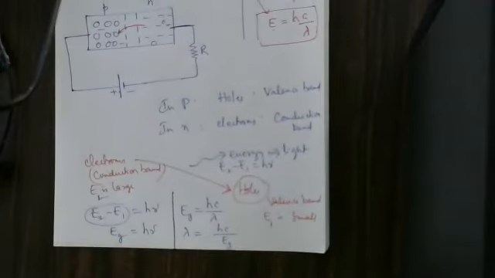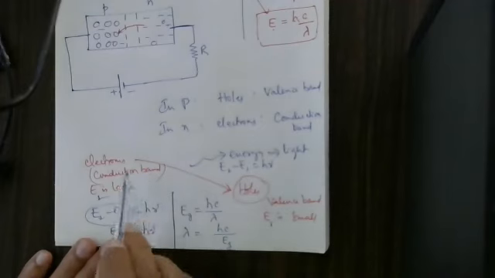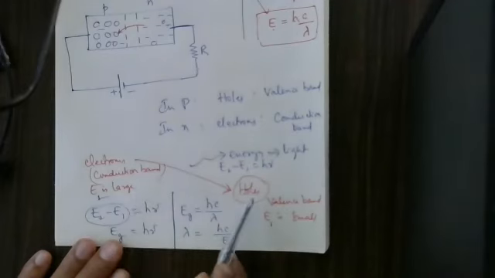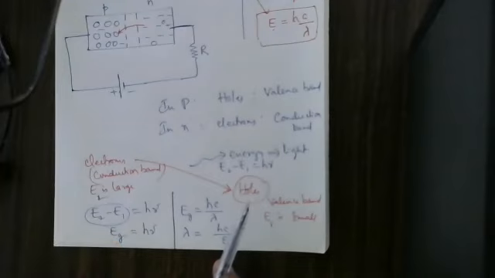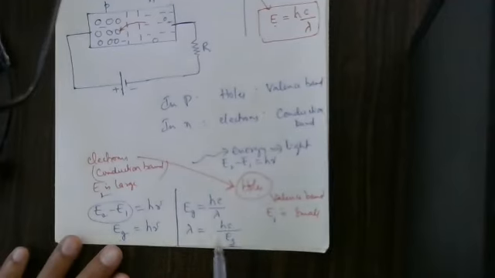Eg means the difference in energy between the conduction band and the valence band, and depending upon that energy, a wavelength is going to get produced.